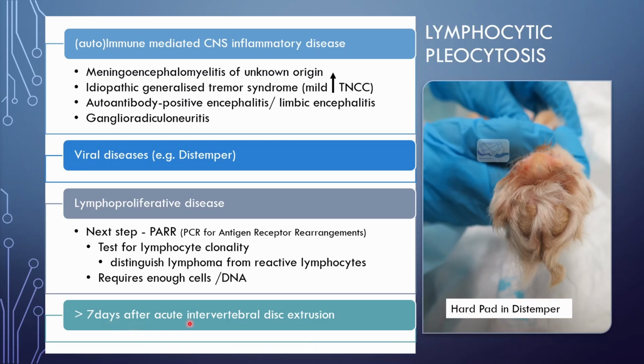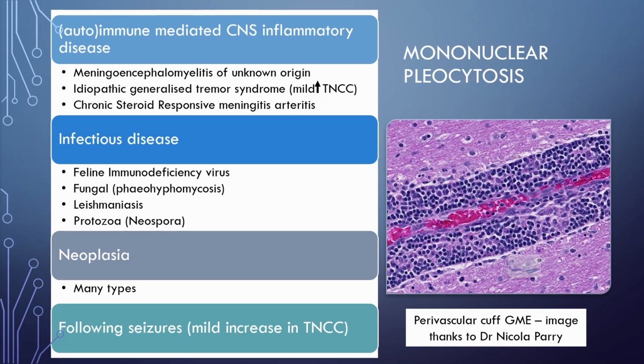And about 7 days after an acute disc extrusion, that neutrophilic pleocytosis becomes lymphocytic. So just bear that in mind if you're taking a CSF sample from a dog that's had intervertebral disc disease, you may see those changes. So mononuclear pleocytosis, and the mononuclear cell really reflects chronicity.